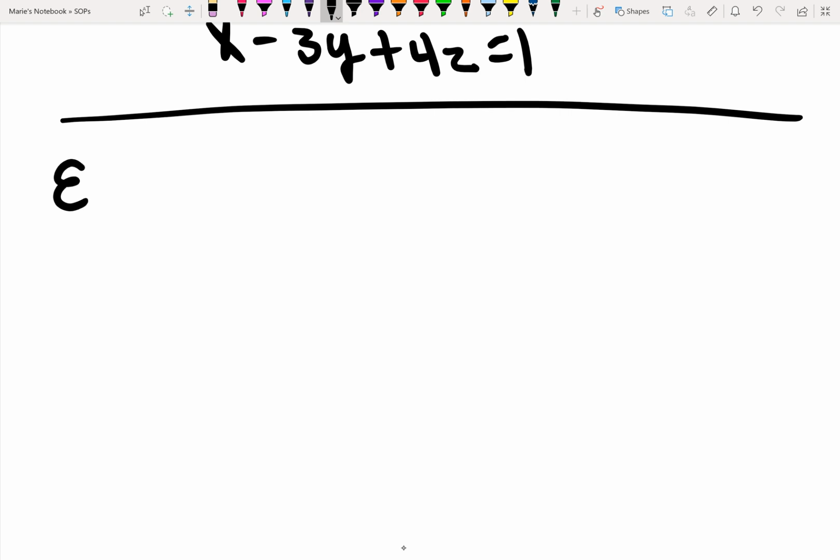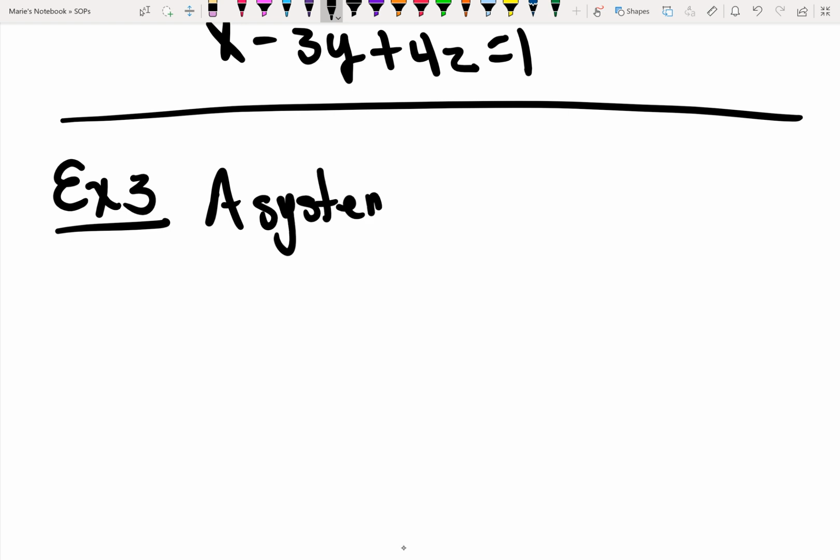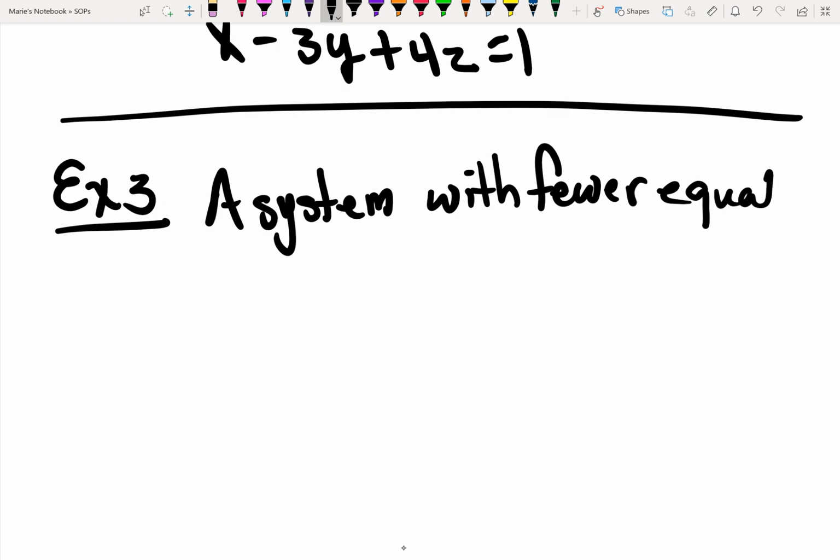Let's do example 3. Now, in this one, you're still solving a system with fewer equations than variables. Fewer equations than variables.